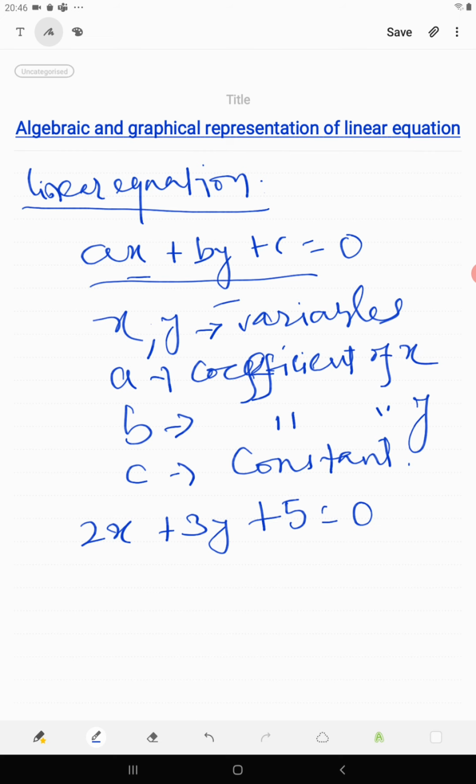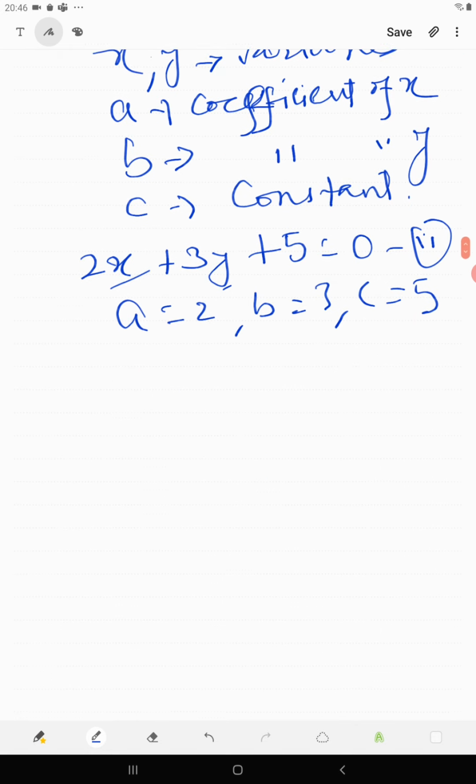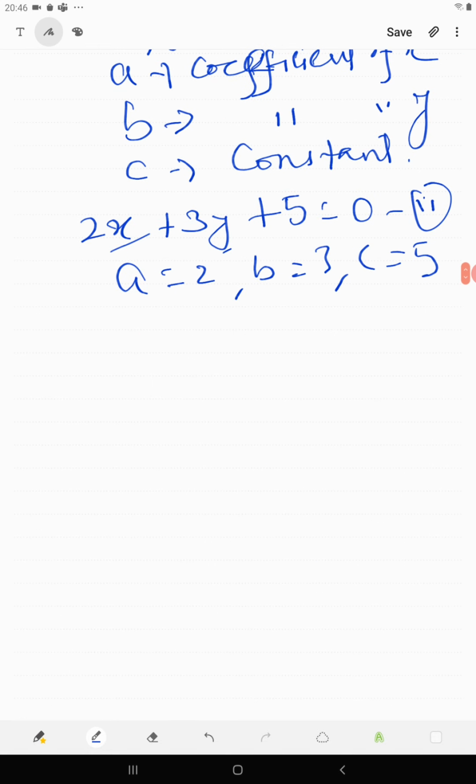Here if you compare this equation with the general form, you can easily say that a is 2, b is 3 and c is 5. But here x and y will be like any variable. What does it mean? How will you represent such a thing in two-dimensional geometry?